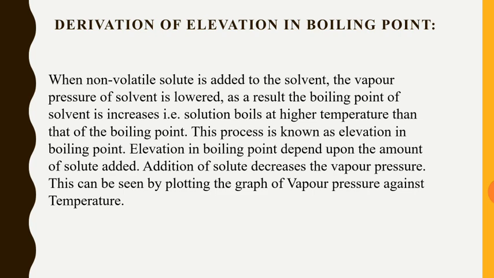Elevation means increase in boiling point. That's why when a non-volatile solute is added to the pure solvent, vapor pressure decreases. As a result, there is an increase in boiling point, and this can be seen by plotting the graph. So let us see the graph.